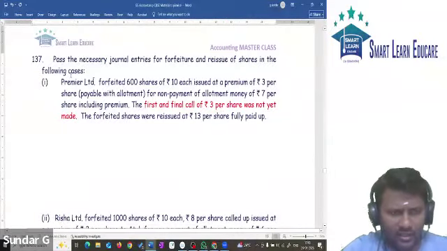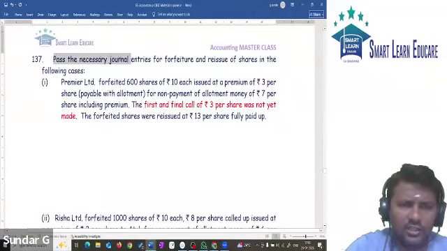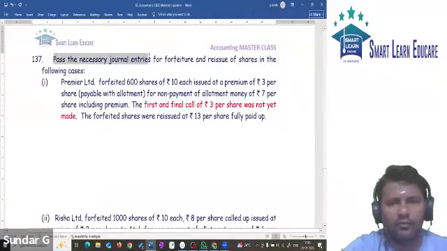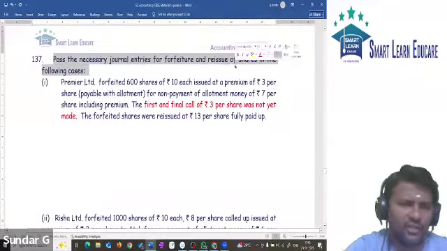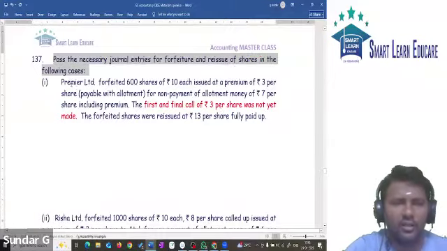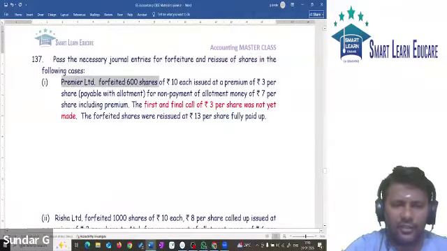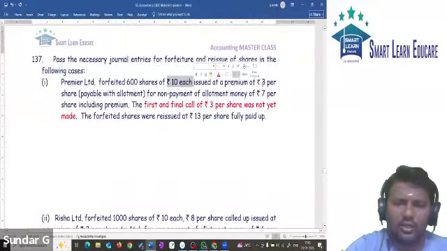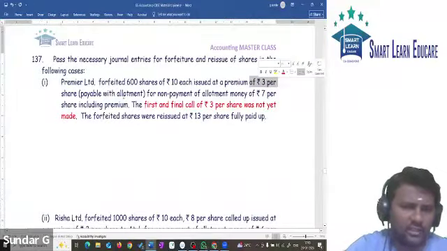Read this question. Pass journal entry for forfeiture of shares and reissue of shares in the following cases. Premier Limited forfeited 600 shares of rupees 10 each, issued at a premium of 3 per share, payable along with allotment.